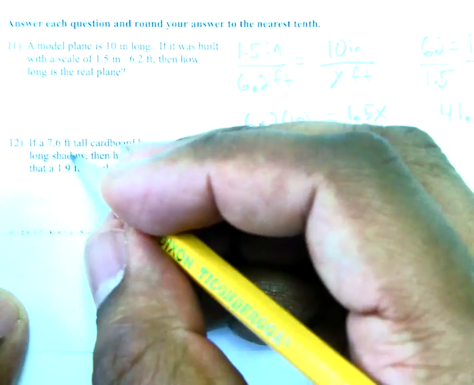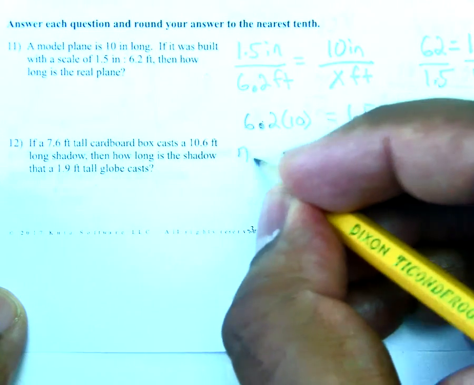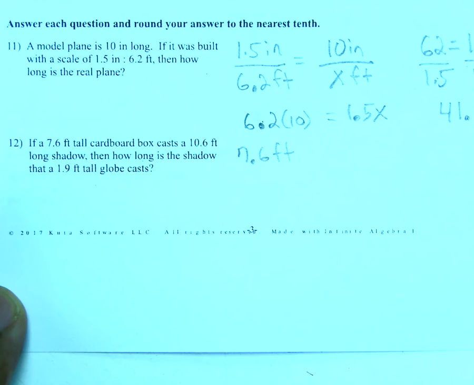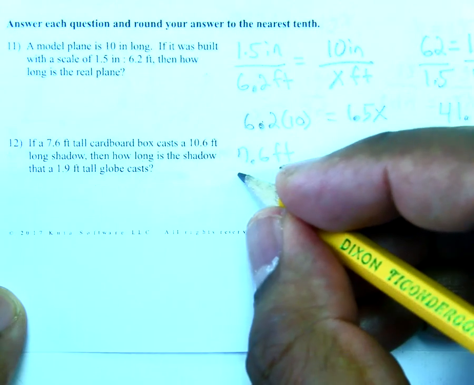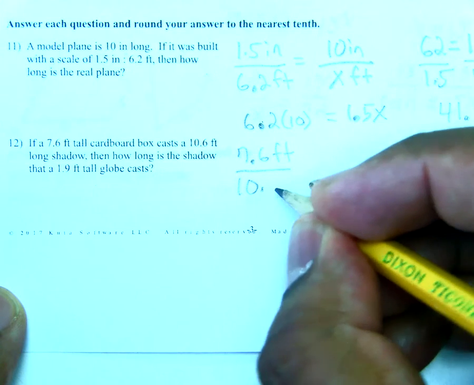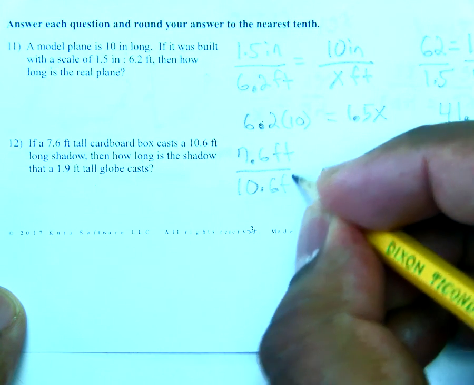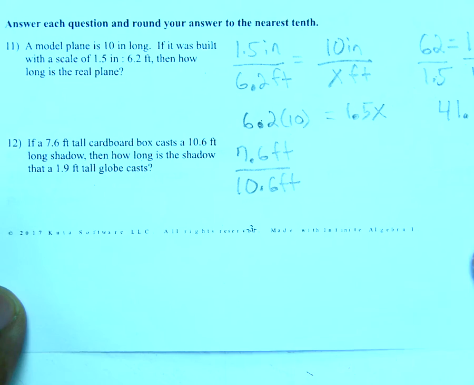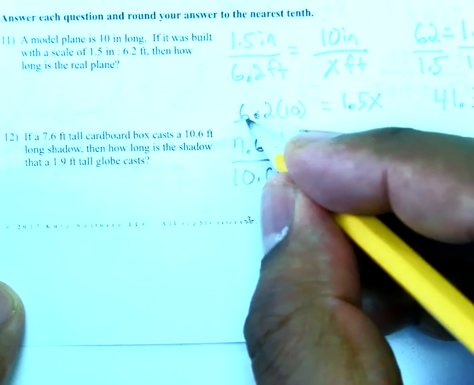So we're going to do 7.6 feet and place it over 10.6 feet. Draw a line, separate these.